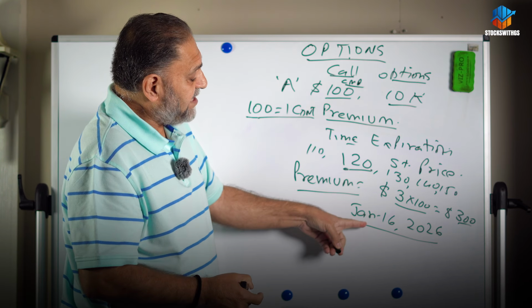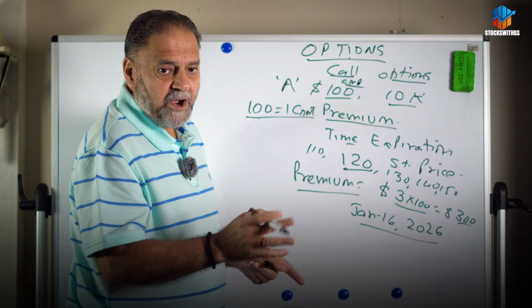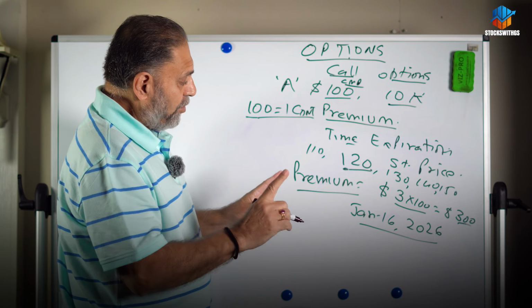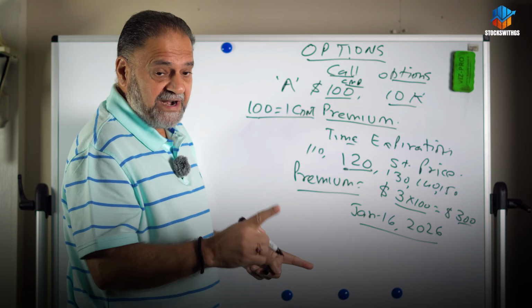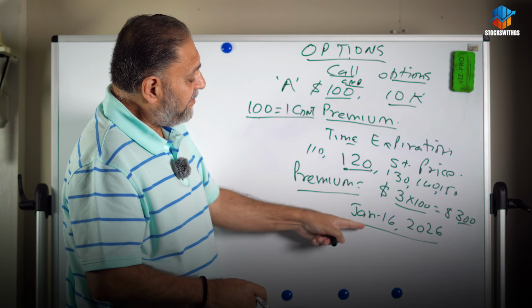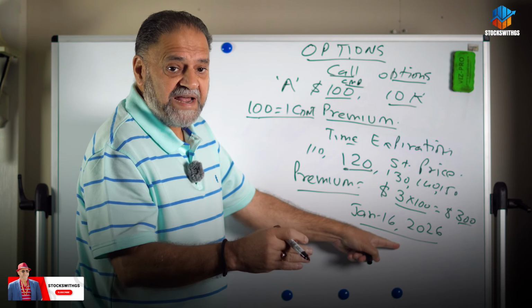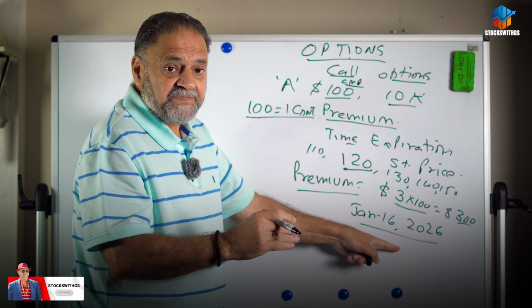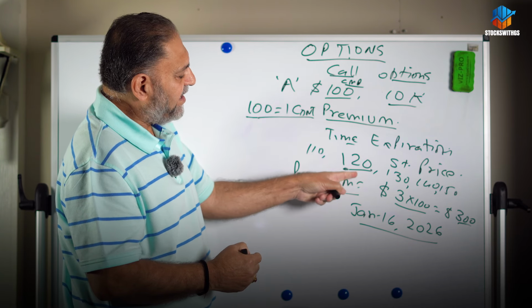Okay, so let's say January 16, 2026 is the option expiration date. So if they pay you $300 and they get into a contract with you that before January 16, 2026, or on that date, they will have a right to buy your stock of this company A for $120.